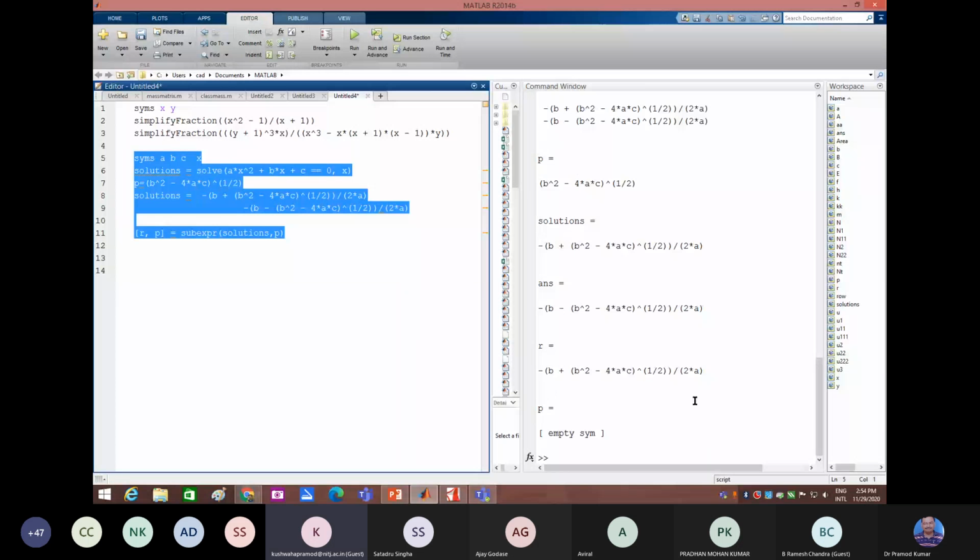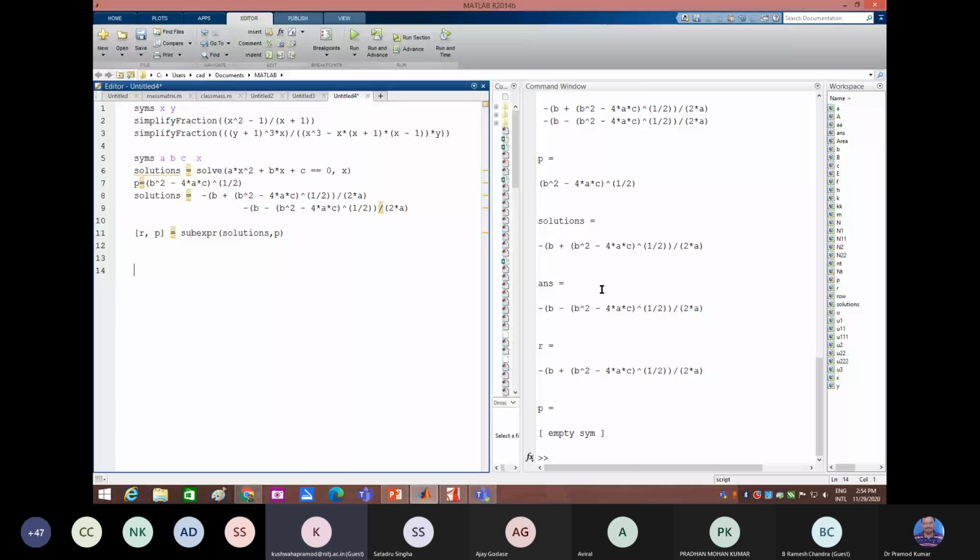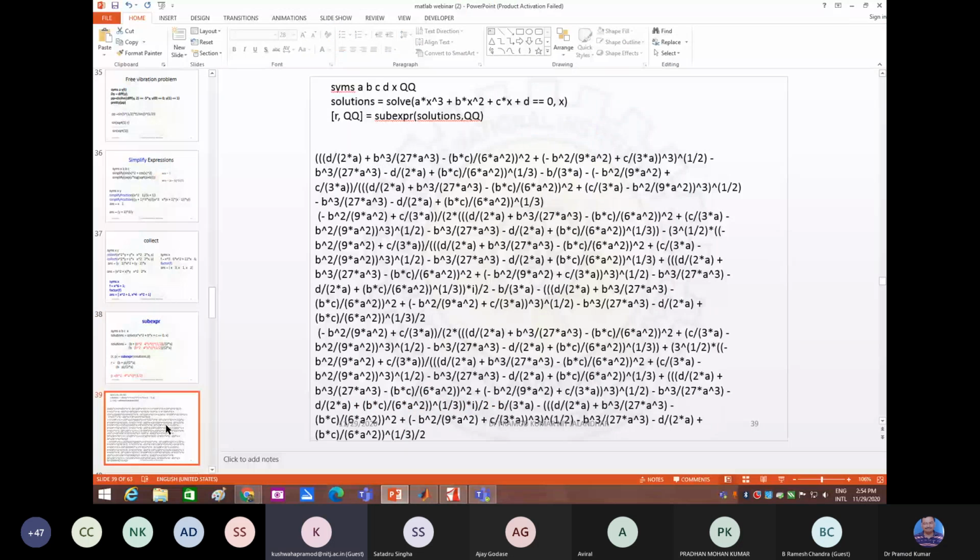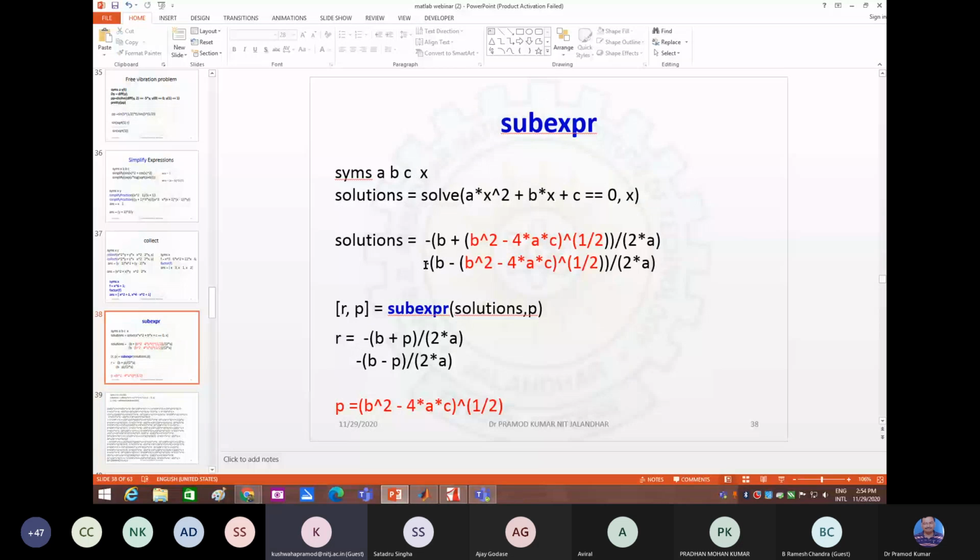Let me check here, and the expression, what is that q, we must define something. I think there is some mistake maybe there. Anyway, let us again try. What is it asking? P.